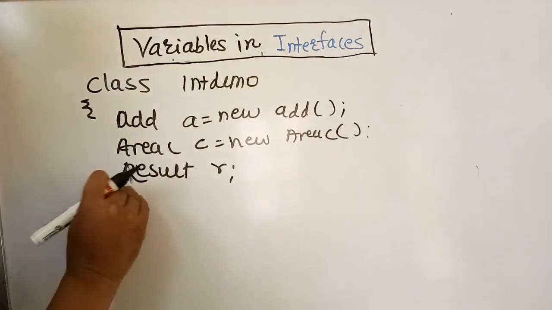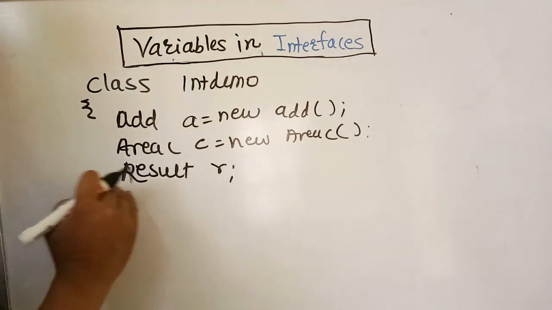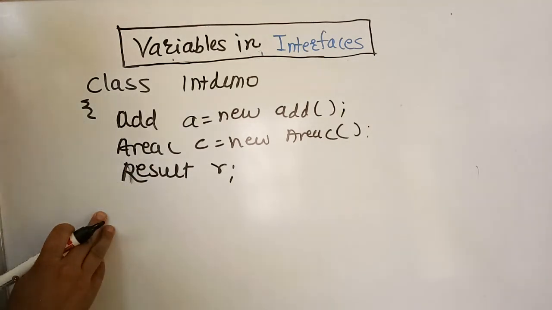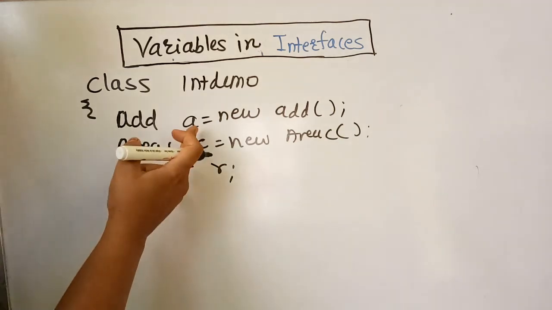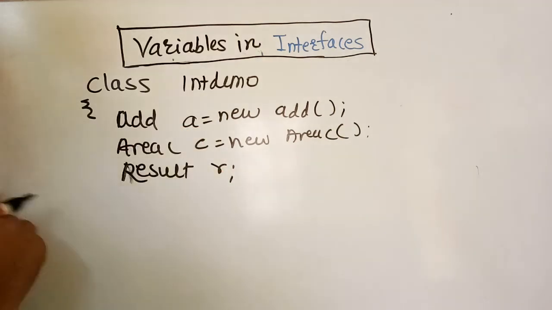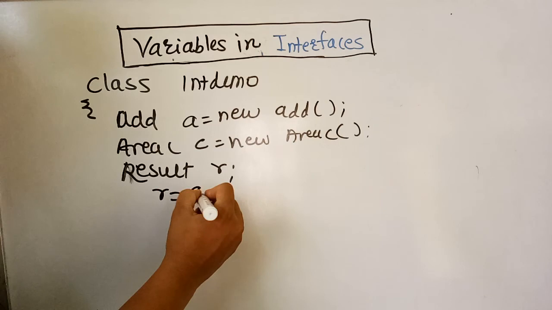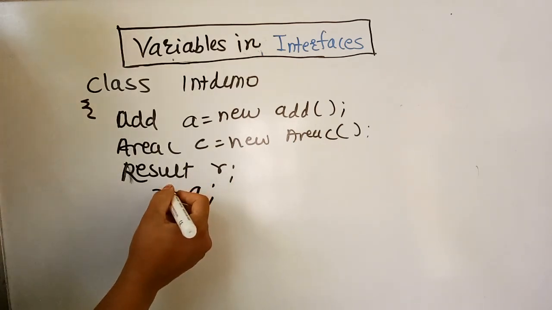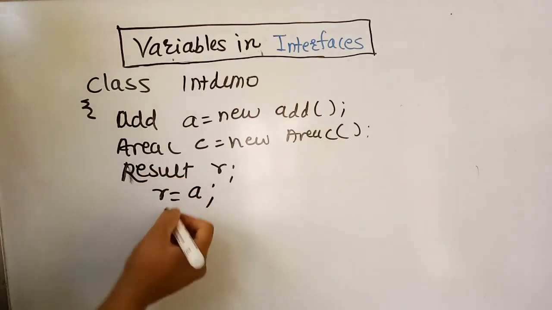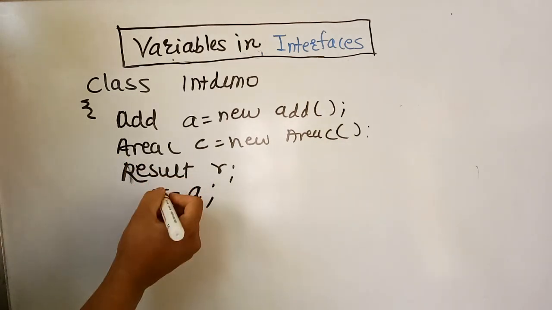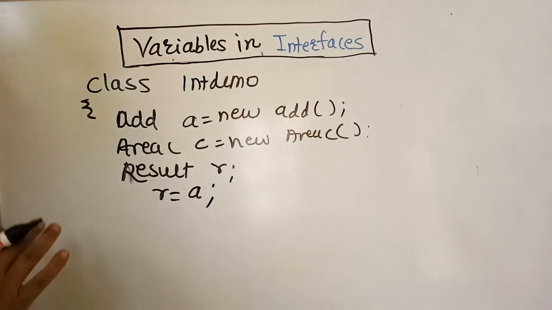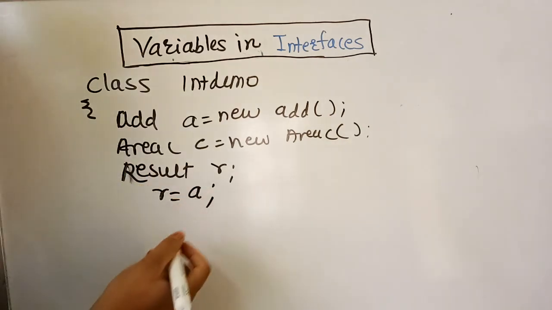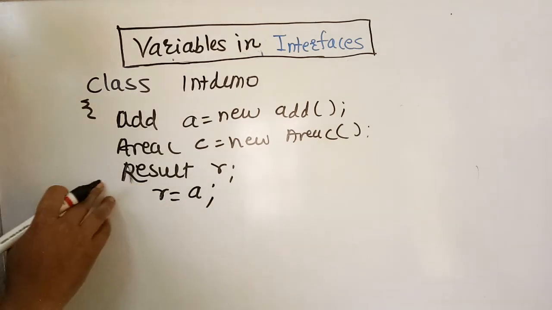To implement this interface for classes, we have to pass the definition to this interface, that is r equals a. This will pass all the information to this interface, and this interface in its structure will feed the definitions, calculate the things, and then display the final results.